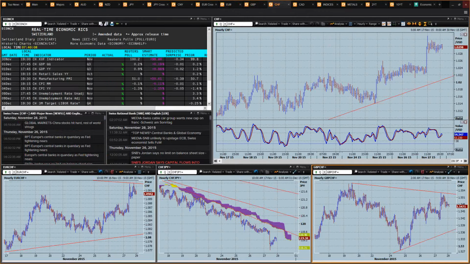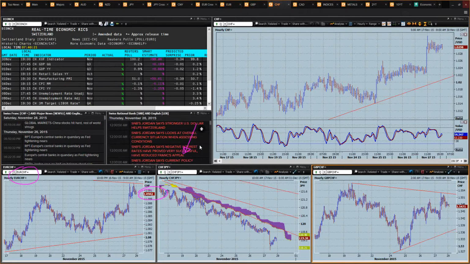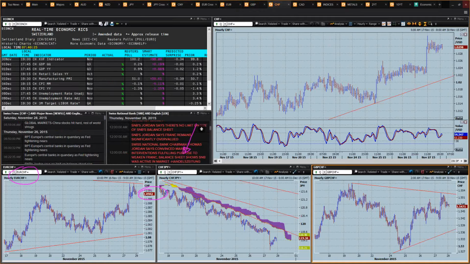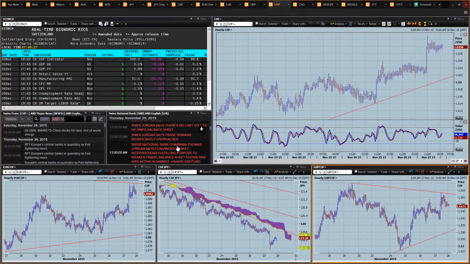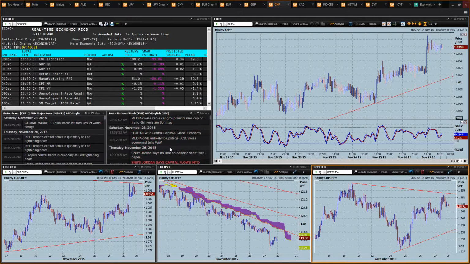One thing to note here, if you're having a quick look through the currencies, is that euro Swiss is back above 1.09. And funnily enough, if I just raise these comments here, we do have the Swiss central bank governor Jordan speaking, trying to talk up that they're doing a good job keeping the Swiss down, and that interventions are working, etc. Now he's been very quiet since he basically fooled the market and screwed up that euro Swiss move.